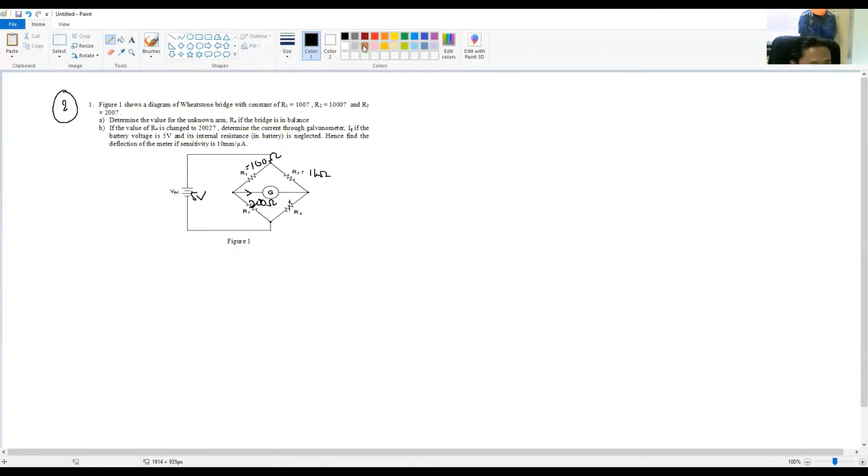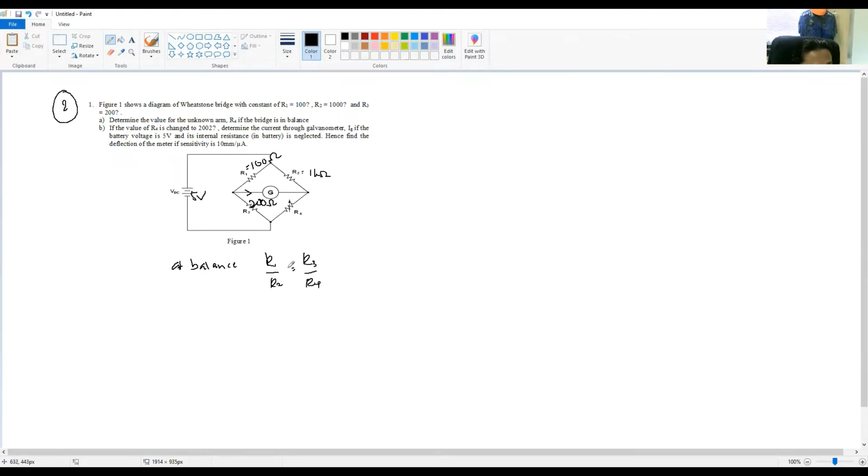So we solve this one. As I mentioned before, at balance the formula is R1 over R2 equals R3 over R4.